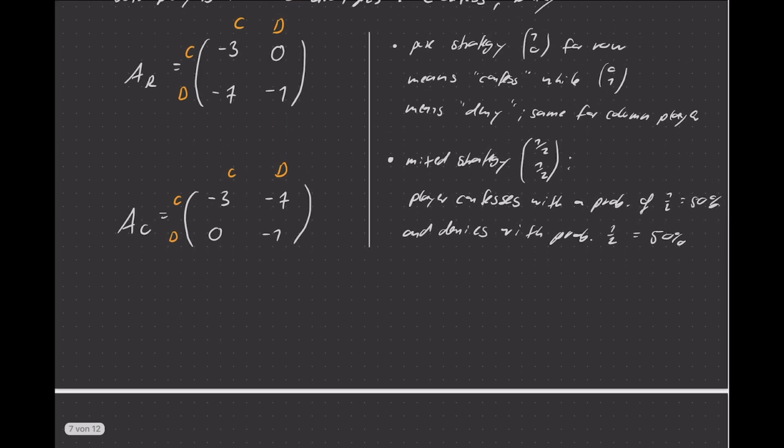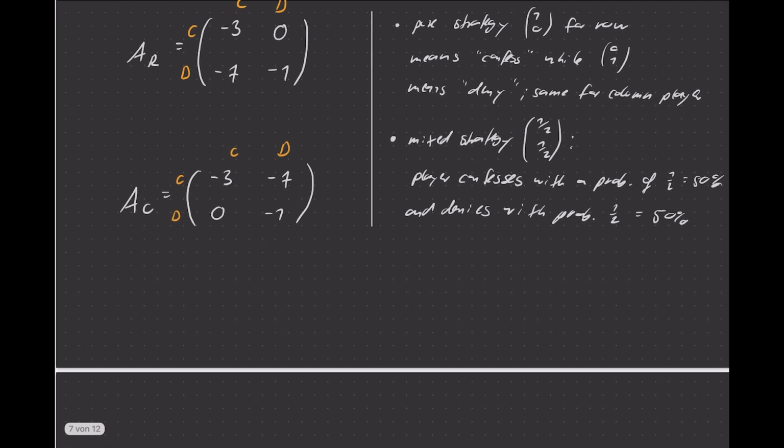And finally, let's have a look at possible payoffs. So just as an example, say Row chooses to confess, and Column denies. What is the payoff then?